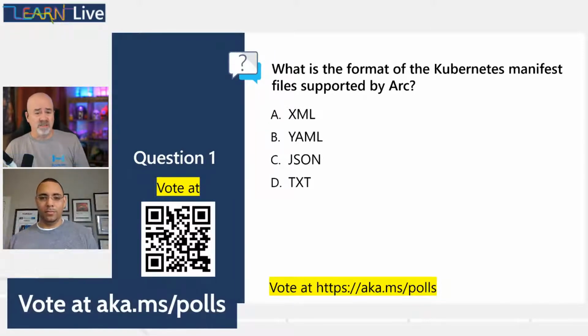But in this case, I think we only mentioned one type of file supported by Arc for the manifest file, and I think it's YAML, the one we hate.